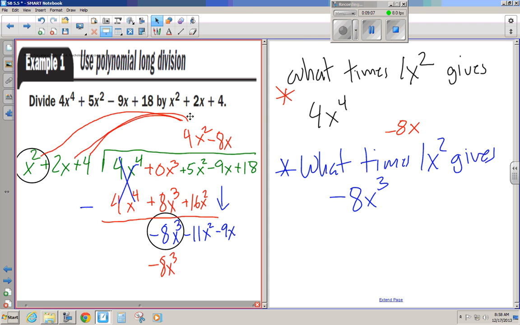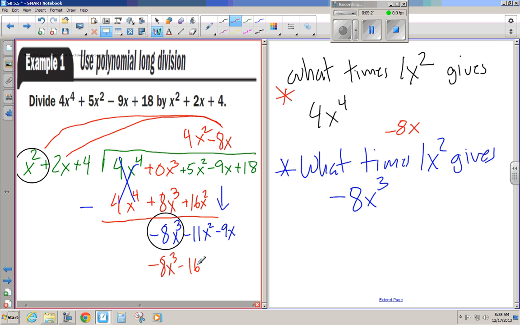Negative 8x times, basically you're taking these, now it's this times that, this times that, negative 16x squared, and this times that, minus 32x.